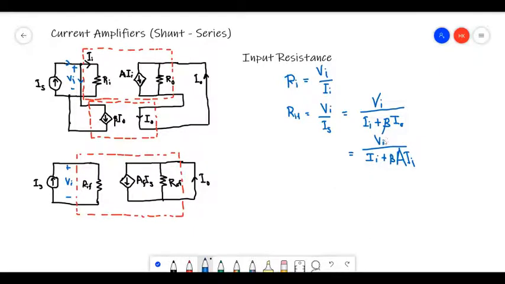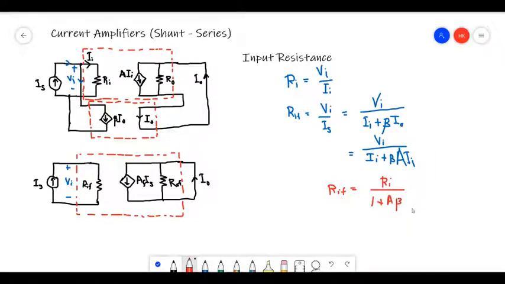What I get is Vi divided by II, which is Ri. Simplifying the expression, I get the closed loop input resistance as Ri, the open loop input resistance, divided by 1 plus A beta.